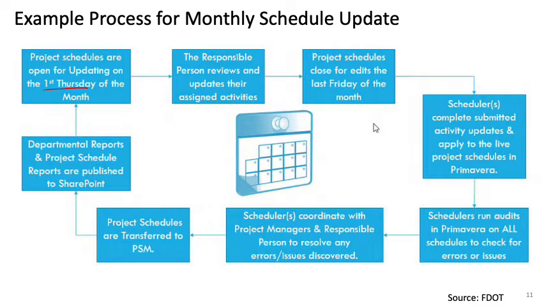From this day, they start documenting all the events and work items completed on the projects, and they finish updating the projects on the last Friday of the month. So in the period of one month, they monitor the projects, identify all the events, and then document all the events and add those events into the schedule.